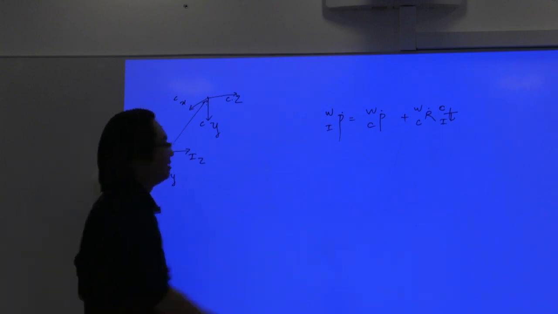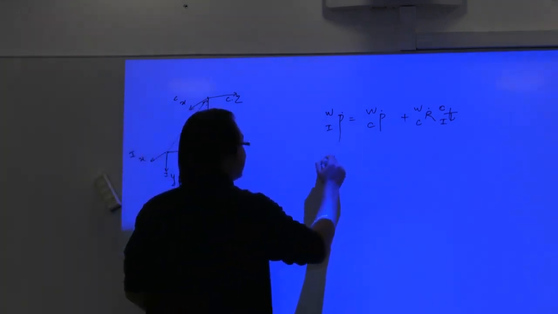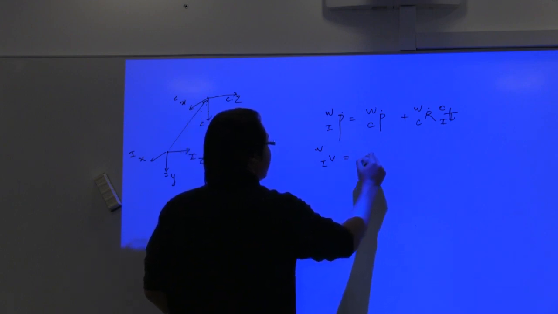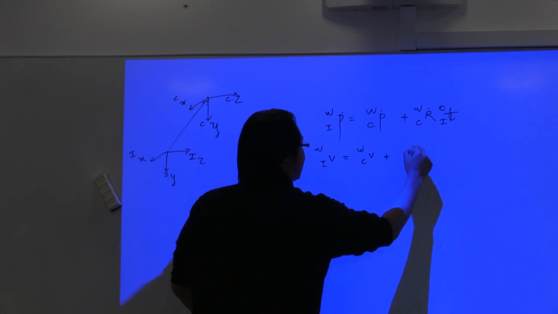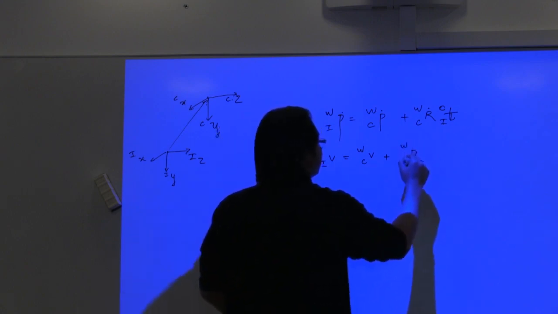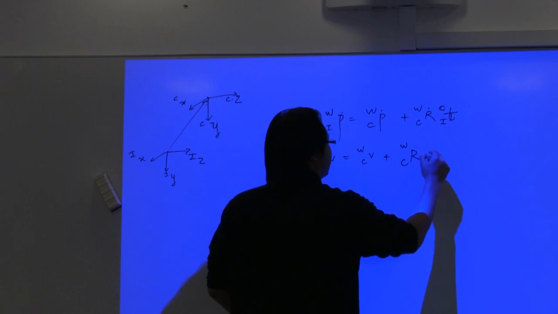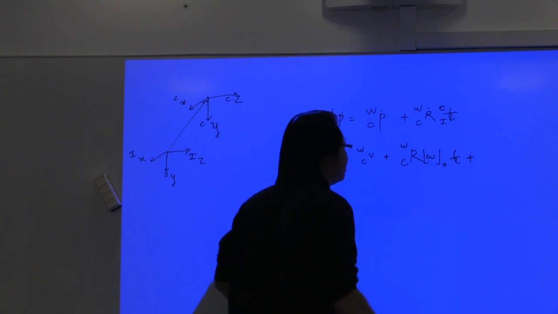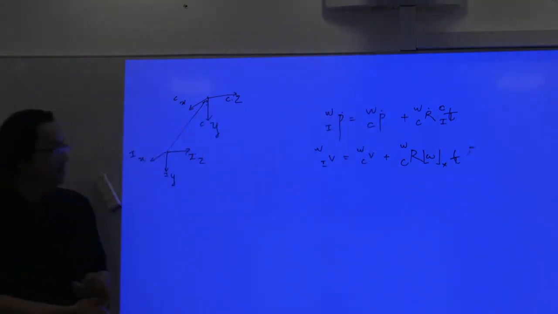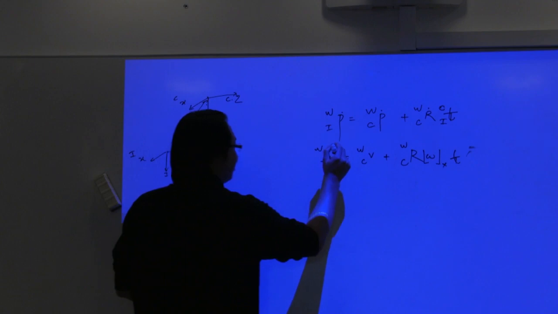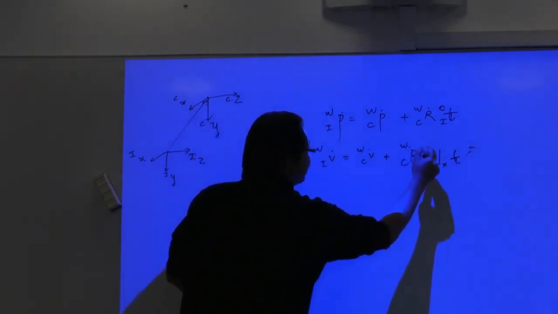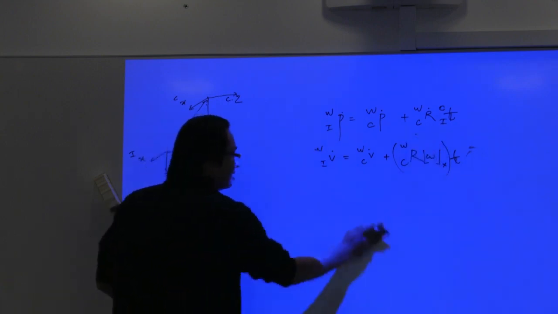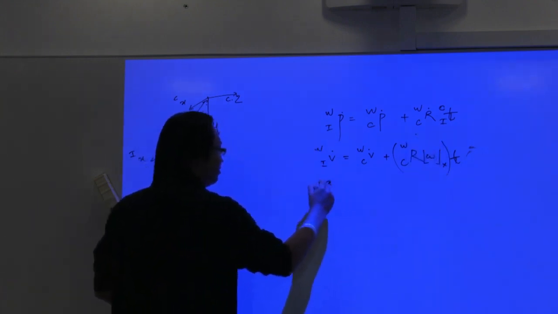You take the dot. You get the velocity of the IMU in the world frame equal to the velocity of the camera in the world frame plus R omega C T. And then you take another dot, and what you have is the acceleration of the IMU in the world frame.